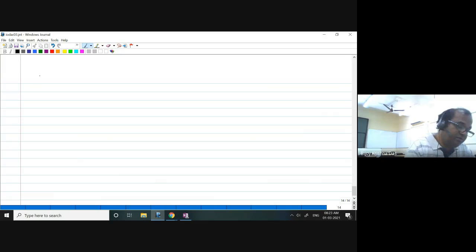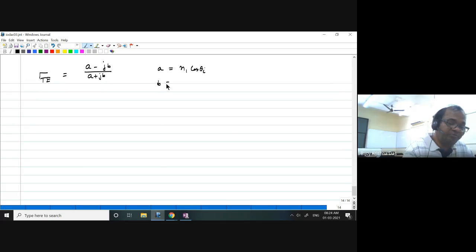So we write here once again, gamma TE equal to (A minus jB) divided by (A plus jB), where A equal to n1 cosine theta I and B equal to n1 square sine square theta I minus n2 square, under the square root.